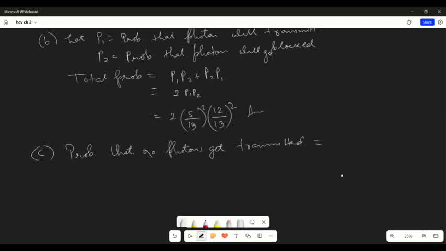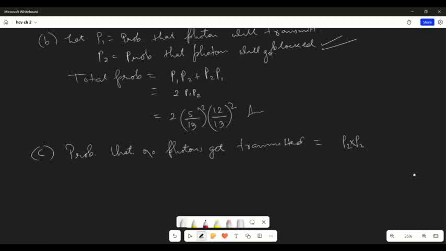So this will be P2 into P2. The probability for one of the photons not being transmitted will be 5 by 13 square, that is P2, the photon that will be blocked.